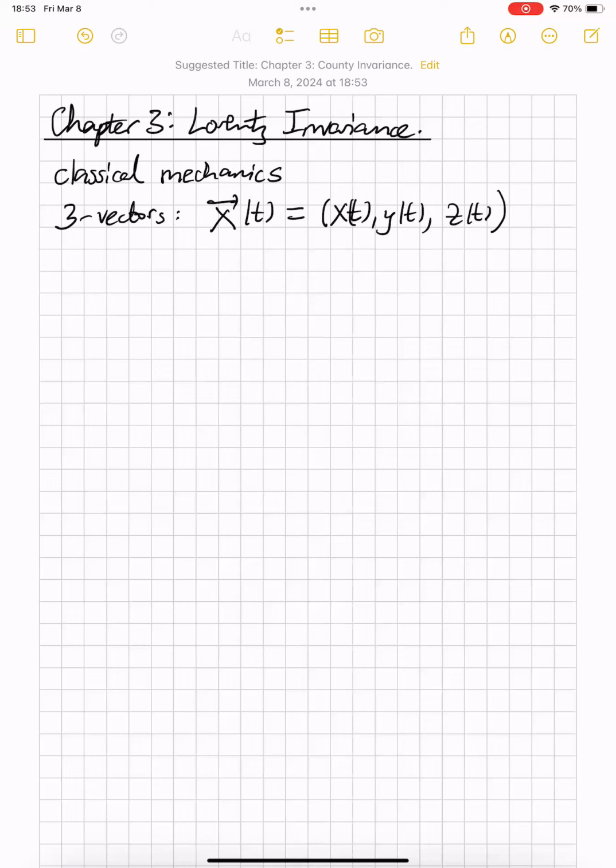When we want to write down Newton's second law, what does Newton's second law say? Well, it says F is equal to the mass times the acceleration, and the acceleration is the second derivative of vector x with respect to t.